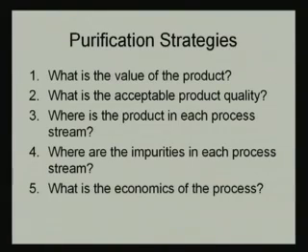Where are the impurities in each process stream? That means we have to have very important information about the contaminants. What are those contaminating proteins which are mixed up along with our targeted product?